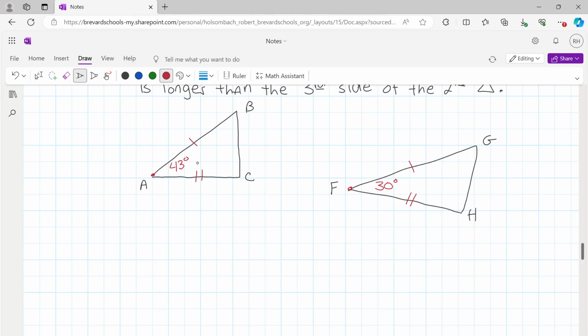So we've got two sides of one triangle congruent to two sides of another triangle. The included angle of the first triangle is larger than the included angle of the second triangle. What the theorem said is that the third side of the first triangle, so side BC, is going to be longer or greater than side GH.